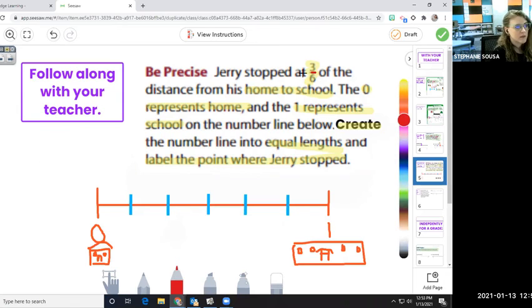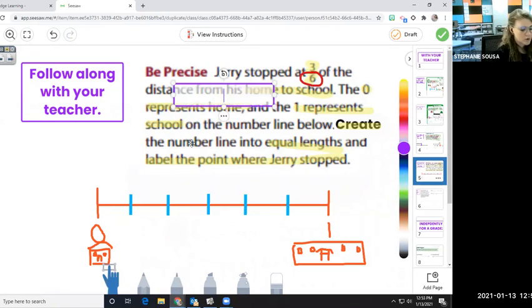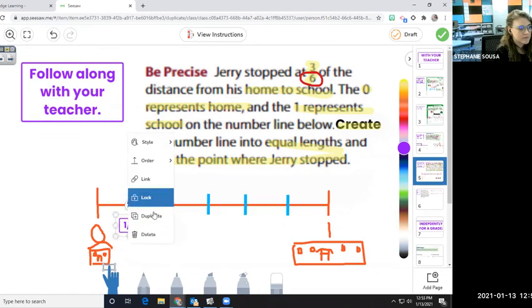We are dealing with sixths. So I'm going to label 1/6. Make it a little bit smaller. Duplicate it, but change it to 2/6. Oop, not 32/6.